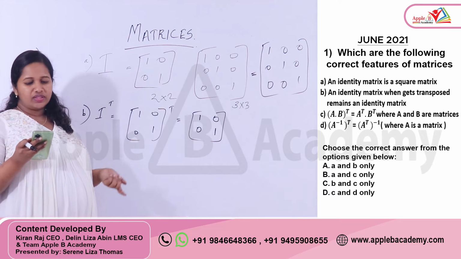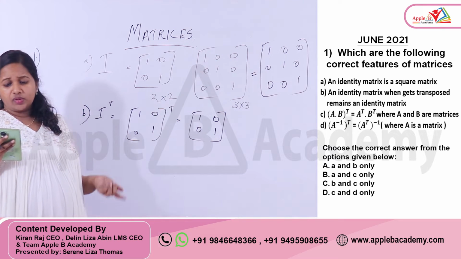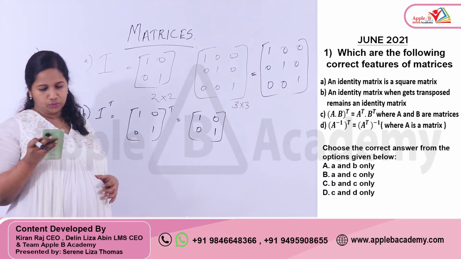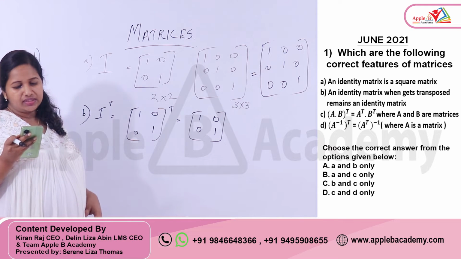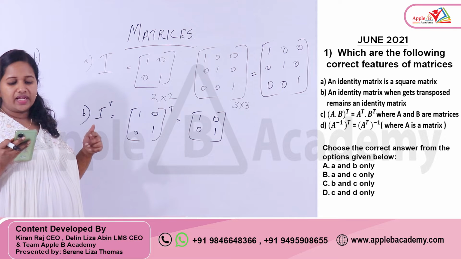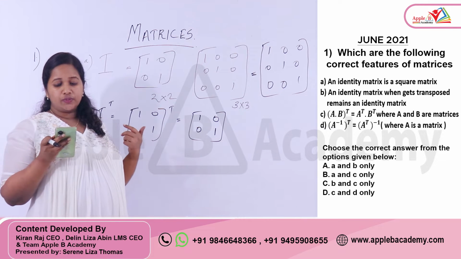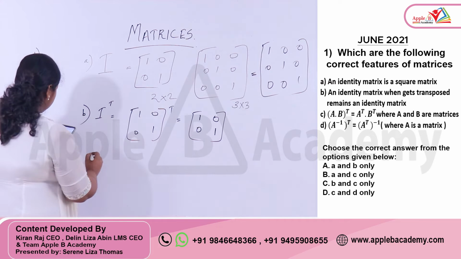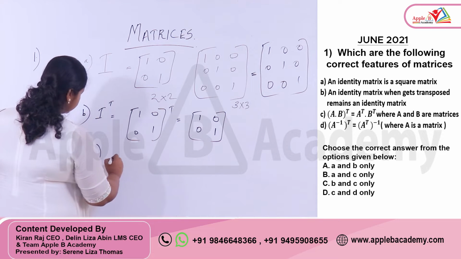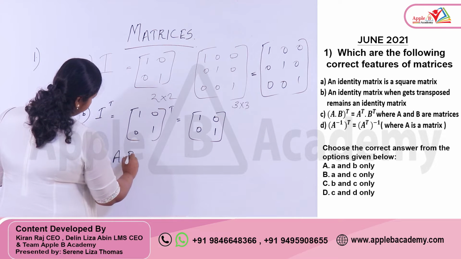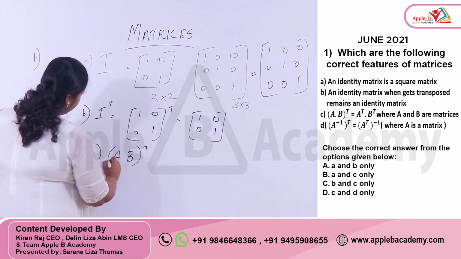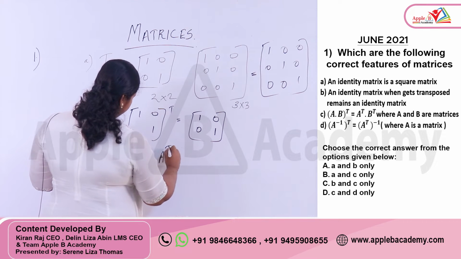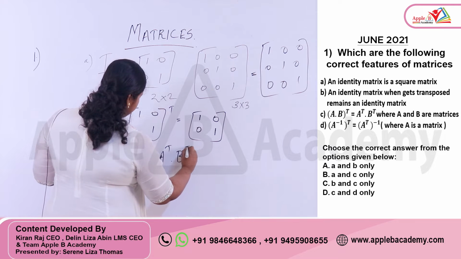So the second statement, an identity matrix when transposed remains an identity matrix, is also true. Now the third statement is AB whole transpose is equal to A transpose into B transpose.